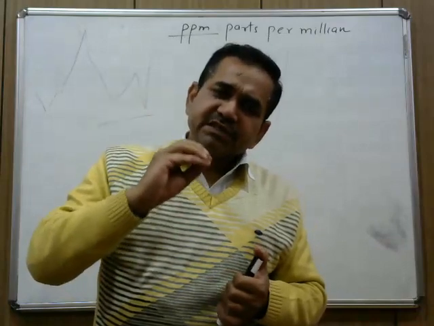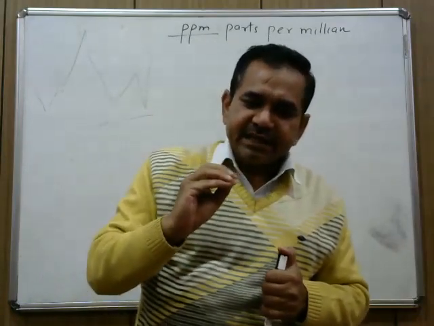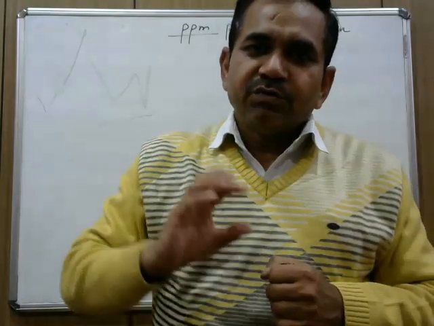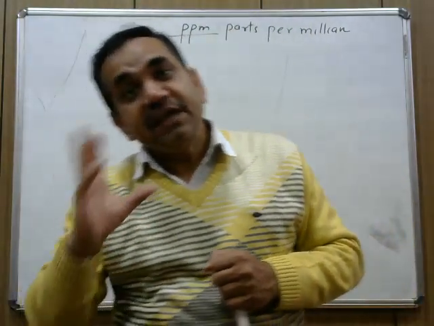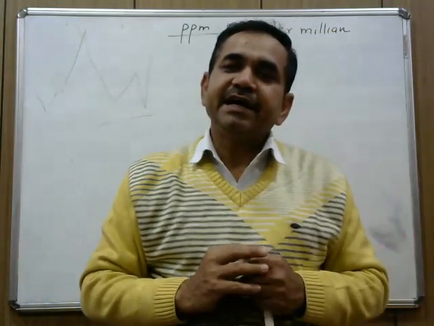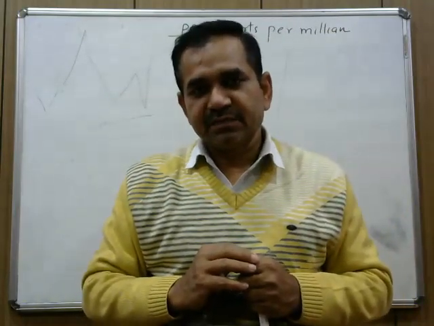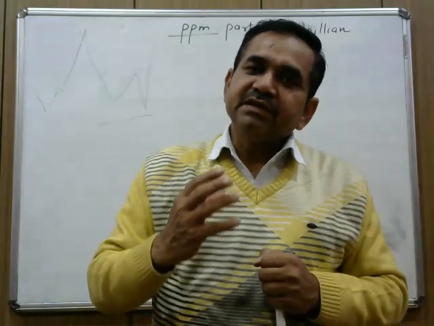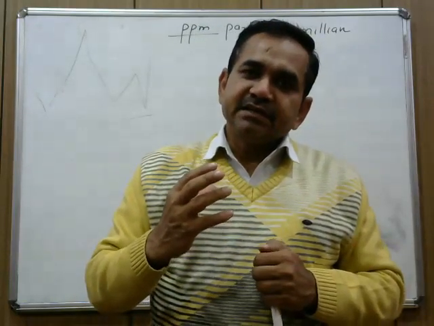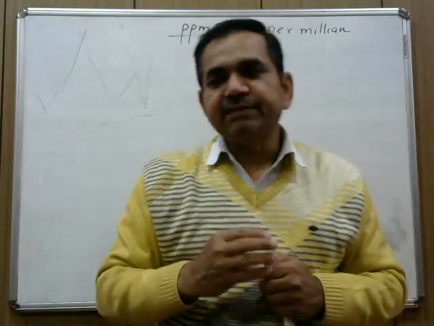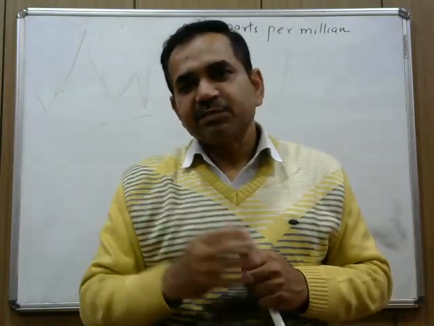Now, one thing to be kept in mind is that this unit is mainly used when the amount of solution is very high and the amount of solute present is very less. Say, for example, we want to tell the amount of sulfur dioxide present in the atmosphere.